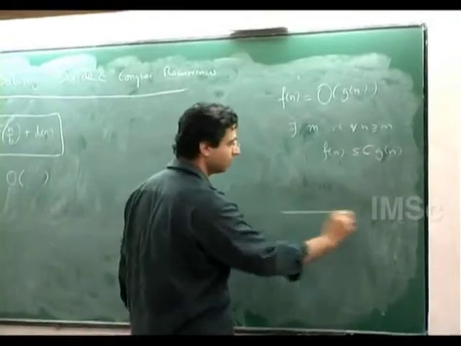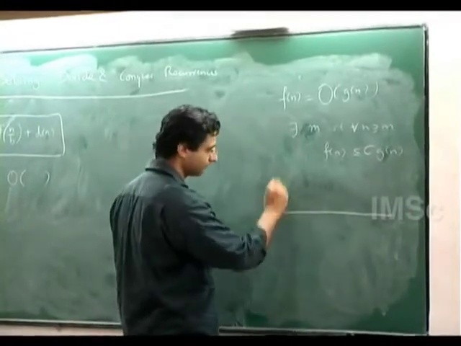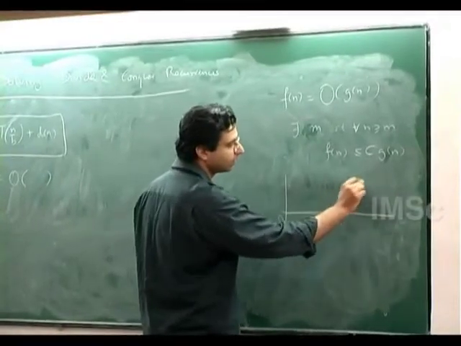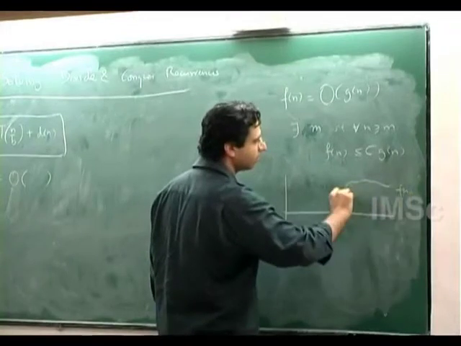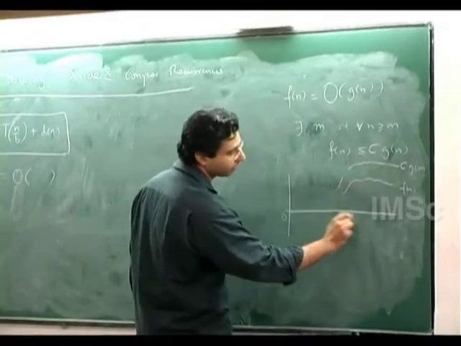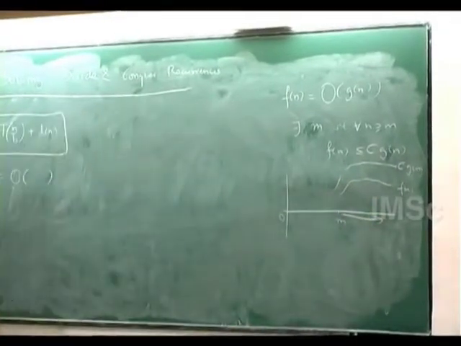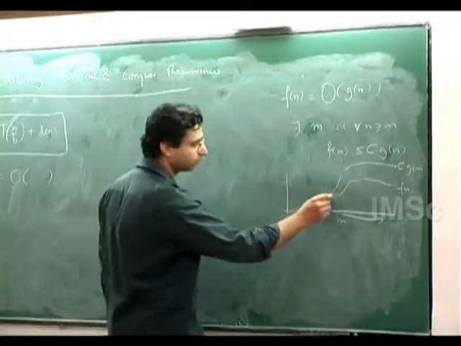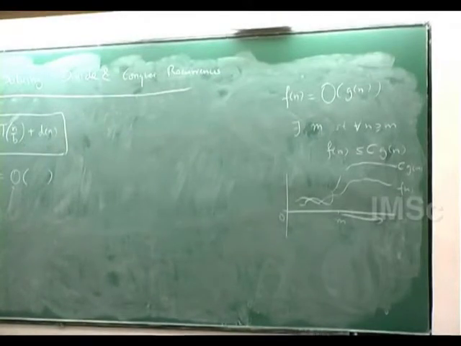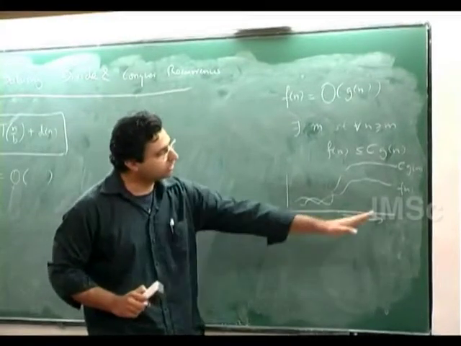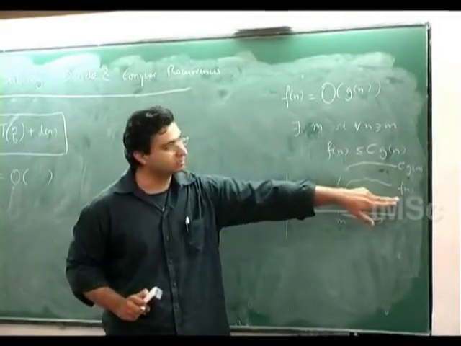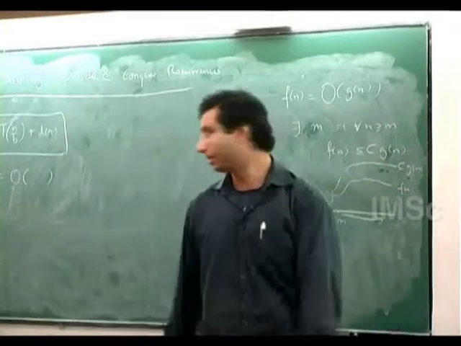So if you draw the graph of these two functions, with this as the origin, there is some number m such that beyond this, some constant times g of n is greater than f of n. Below this they may cross over, and I don't care about that, but I know that there exists a large enough number m so that for any value of n greater than this m, this constant times g of n dominates f evaluated at n.